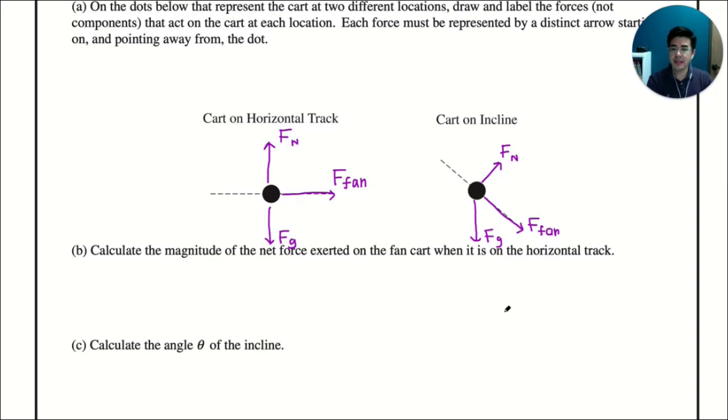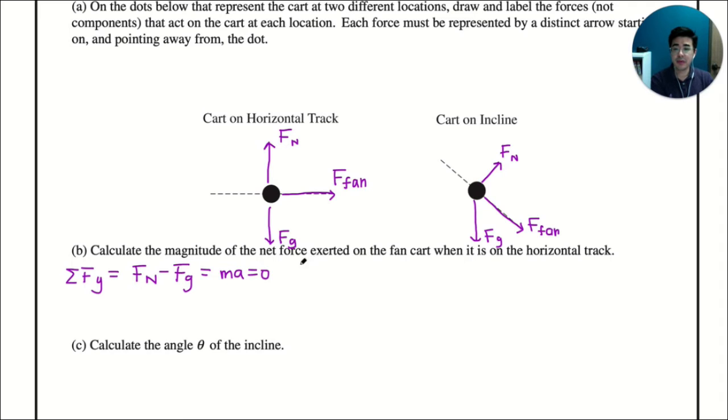Part B says calculate the magnitude of the net force exerted on the fan cart when it's on the horizontal track. So that's pretty easy. We can sum up the forces in the y direction. I don't think we need to, but I'll do it anyways. Since the cart isn't lifting or falling into the track, it's going to equal ma, but that ma is going to equal 0.